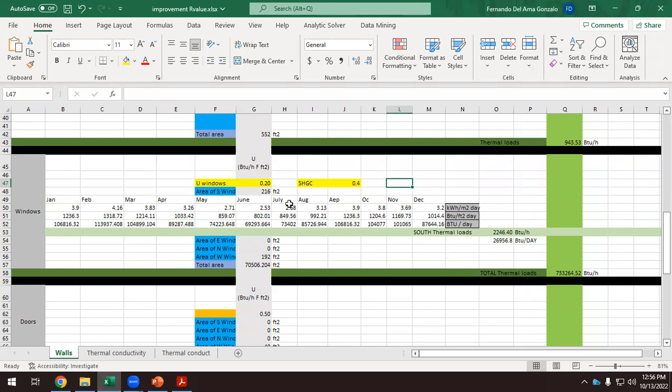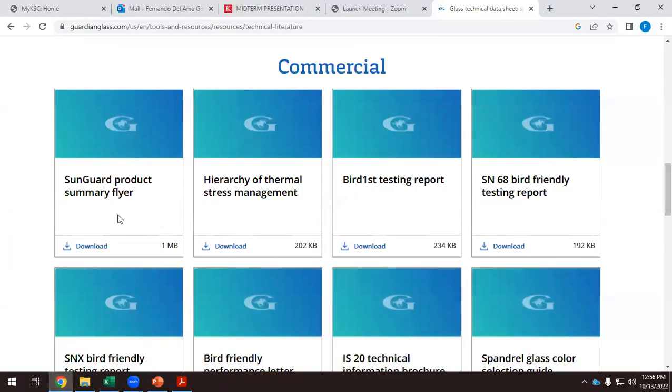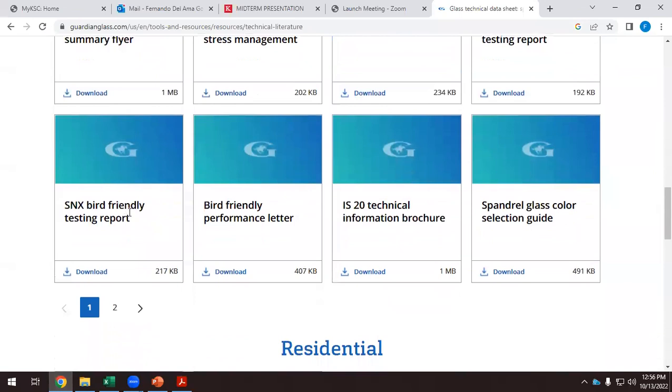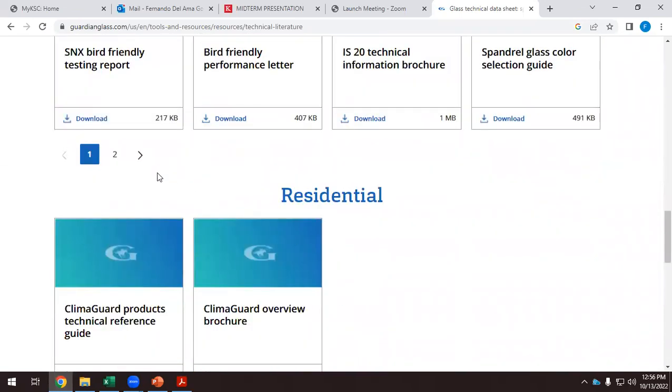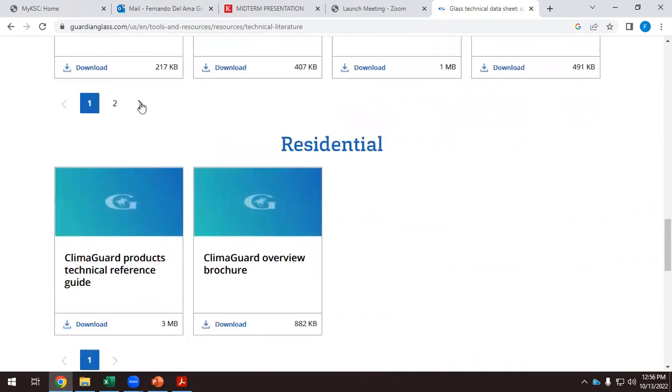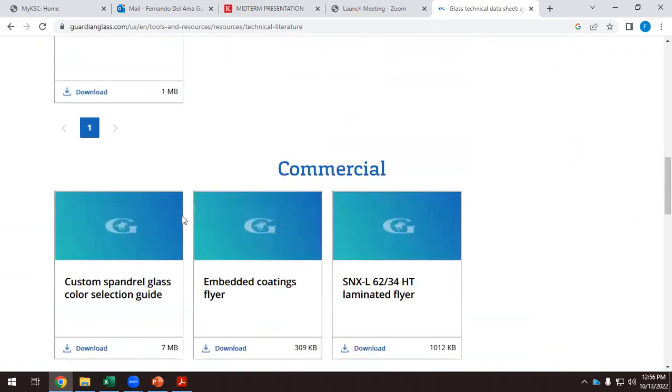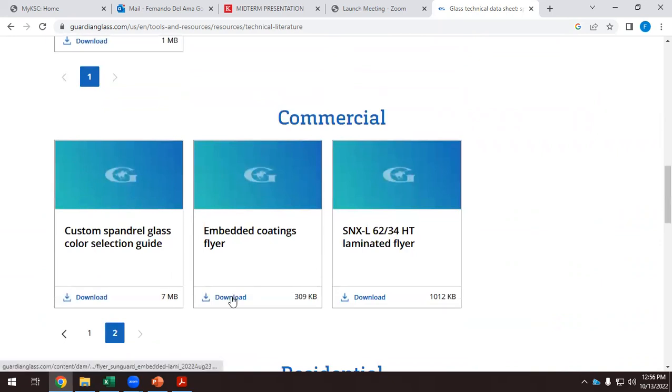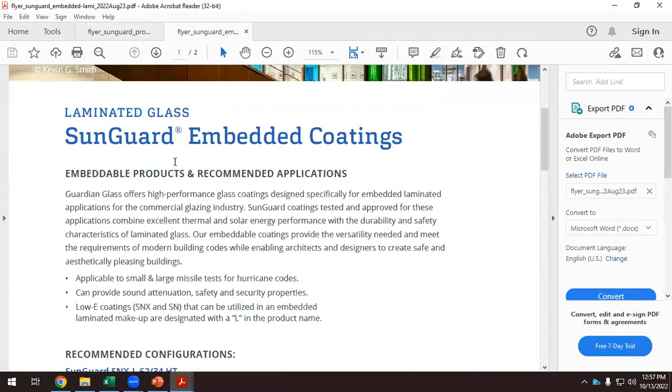What I want is something that has the lowest U value and the highest solar heat gain coefficient. So if you can find something with this, you have to let me know, and I would appreciate that if you find an actual catalog. Let me see, we have something else here. Custom coatings, sun guard.